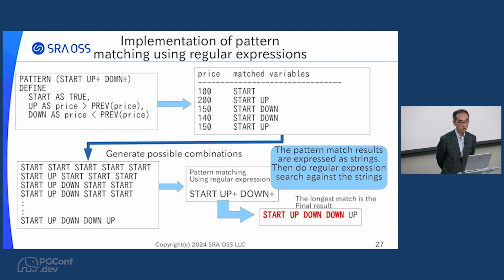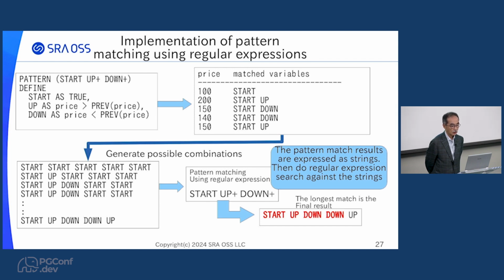Suppose we have a small table, price is 100, 200, and so on. First, the RPR engine tries to match the pattern to each row and find the matching variables. First of all, start should match all rows because it is just defined as start as true.